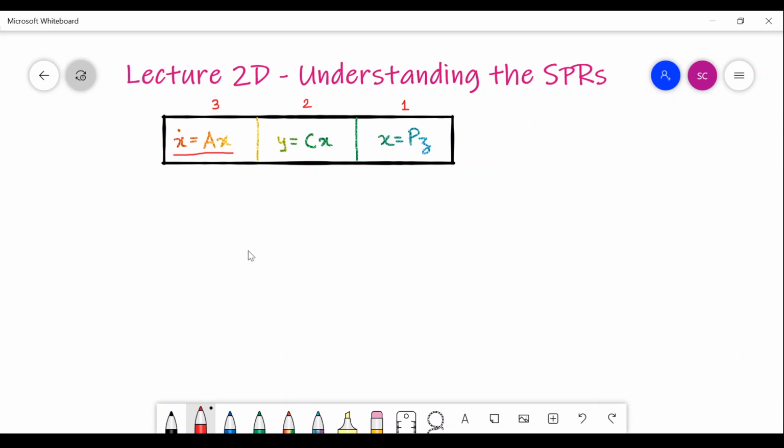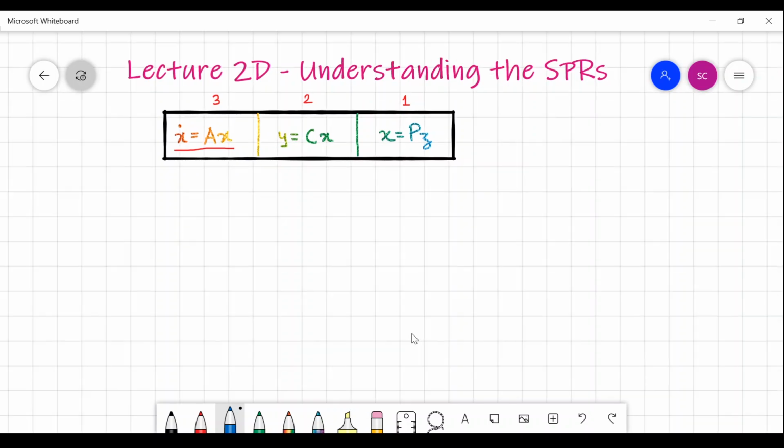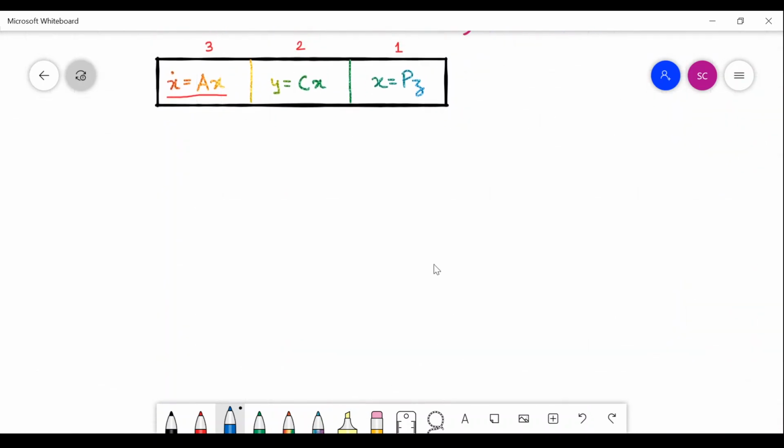However, before we begin with the discussion, I would like to do a set of column operations again, because column operations are very important, as I already mentioned to you in the last lecture.